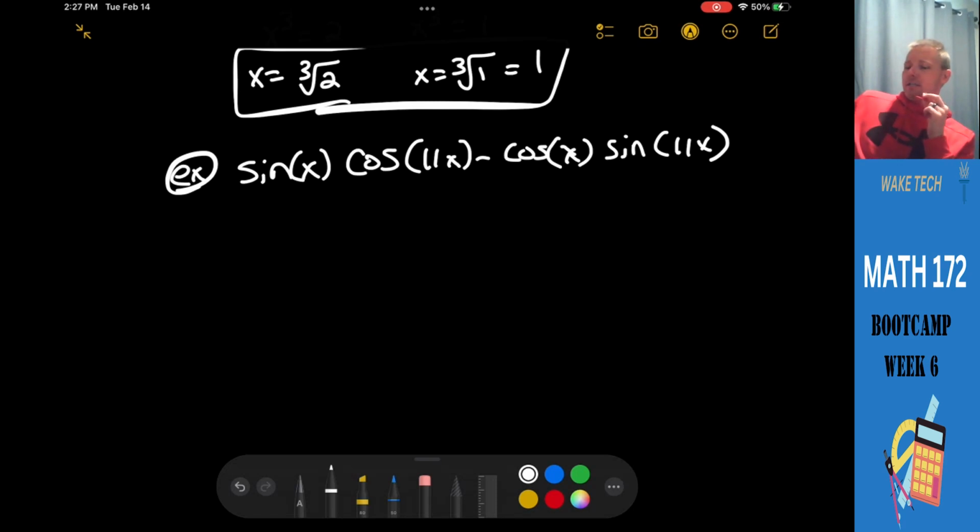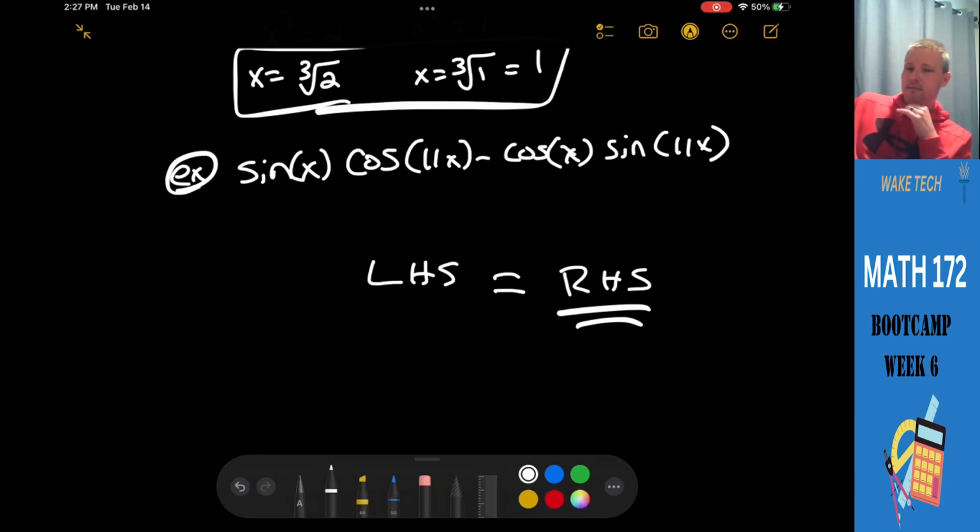So this is actually one of the sum and difference identities. What's kind of different about this one is we're starting on the right-hand side of the identity. What we've got here matches the right side, and we're going to replace it with the left side. Do you see the picture I sent? Yes.